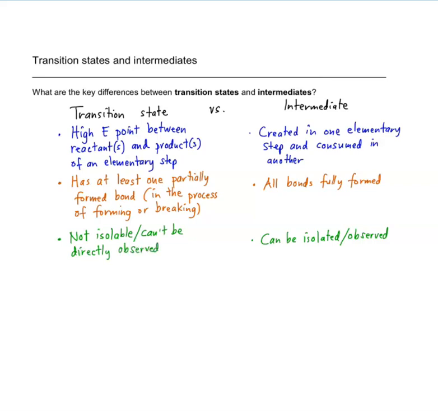So the way that we figure out what the transition state structure looks like is by calculation, modeling, and comparing it to chemical species that it's related to in the same energy diagram. So we can make notes of that. We can determine or predict its structure by calculation or computer modeling.